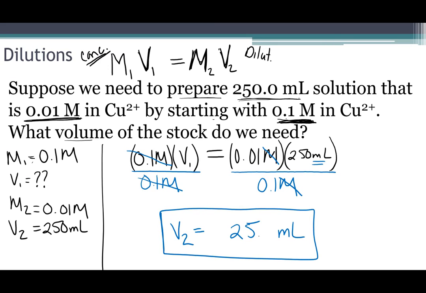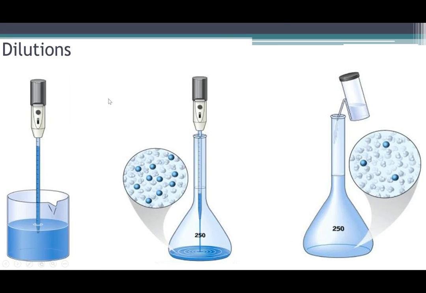Okay. Oops, that's V1, not V2. V1. Okay. So what in the world did we just solve for? That's a great question. If I click back to this dilution process, what we just solved for is we are going to take 25 milliliters out of this stock solution. So I'm going to pipet that 25 milliliters out and put it over here in a 250 milliliter volumetric flask.